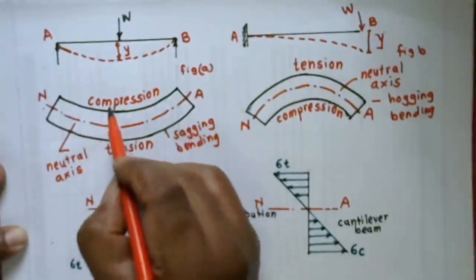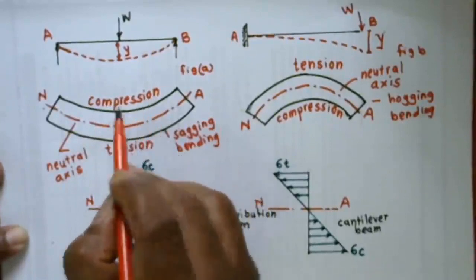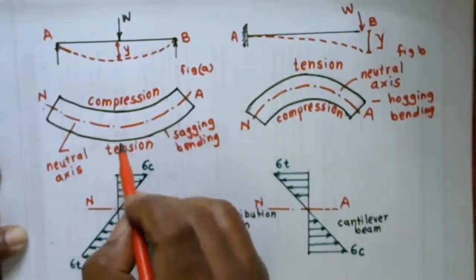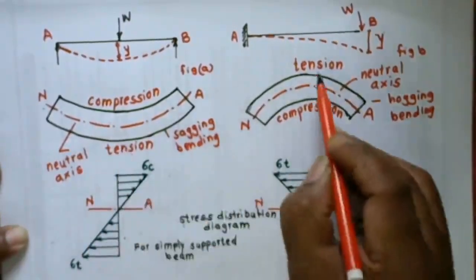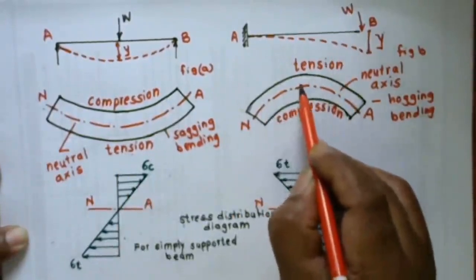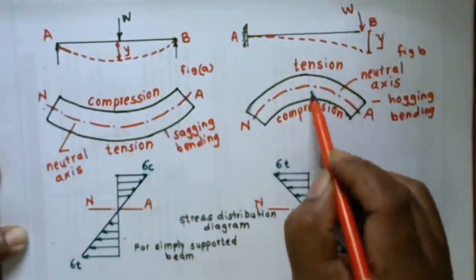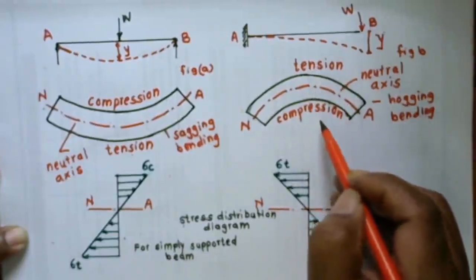So at the upper section of that beam there is a compression zone, whereas at the lower side there is a tension zone. Whereas if we compare the cantilever beam, there is a tension zone at the upper side, whereas the compression zone is at the lower side.